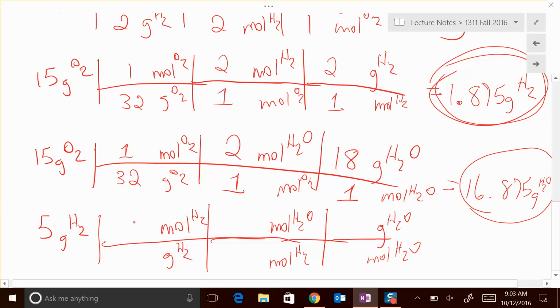Okay, 1 mole has 2 grams for H2. It's a 2 to 2 relationship according to the balanced chemical equation. There's 18 grams of water in every 1 mole of it.